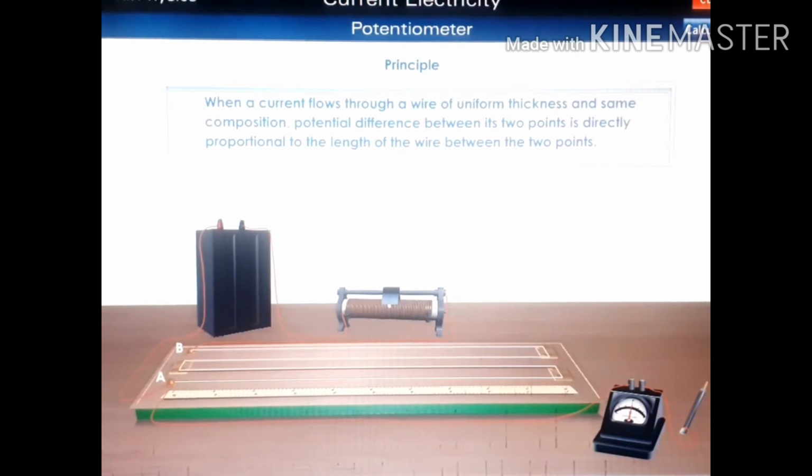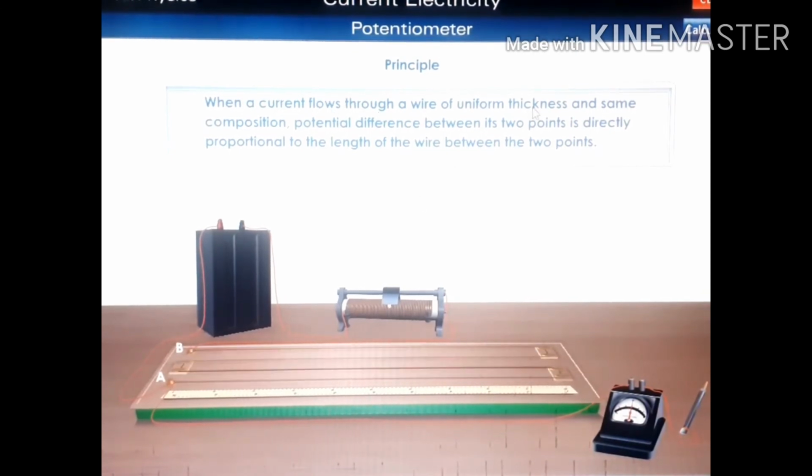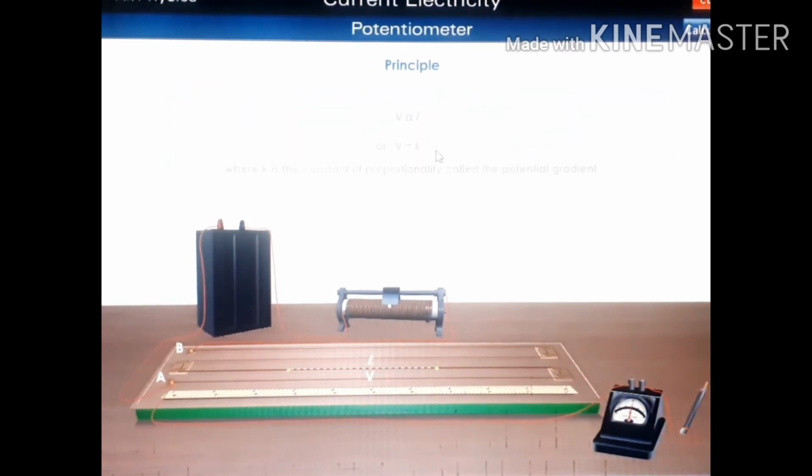The principle of potentiometer: when current flows through a wire of uniform thickness and the same composition, the potential difference between 2 points is directly proportional to the length of the wire between those 2 points. V is directly proportional to L, and therefore V is equal to KL, where K is the constant of proportionality called the potential gradient.